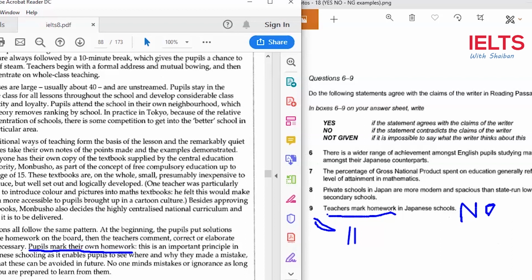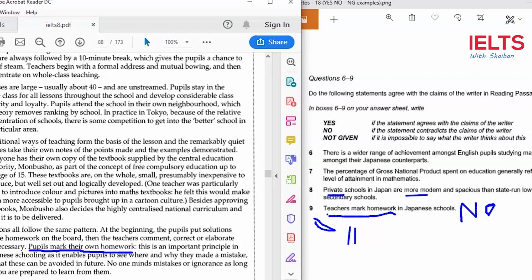As you can see here, we answered number 6. There is a wider range of achievement. So he said yes, there is a wider range. The percentage of gross national product spent on education generally reflects the level of attainment. No, it reflects the education. So that's again a no. So number 6 is yes, number 7 is no. Then no information here, because the private schools, he said, are more modern, and nothing here about more modern.